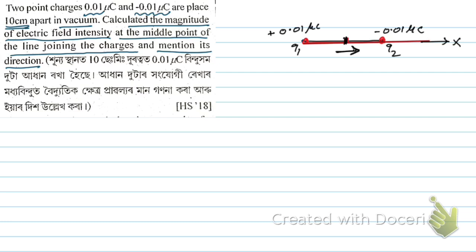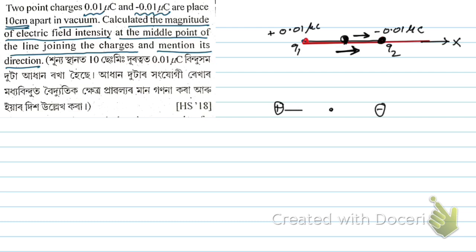And due to the negative charge, the field should be inward, towards the negative charge. So the electric field due to the negative charge is also in the same direction at this particular point, because this is the positive charge, this is the negative charge, and this is the point here.